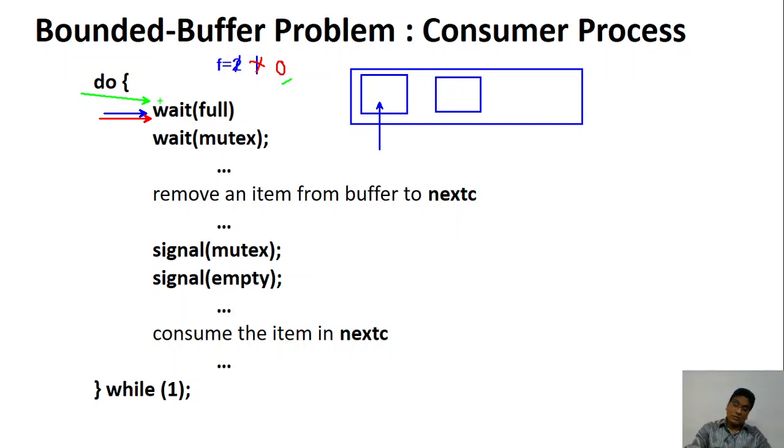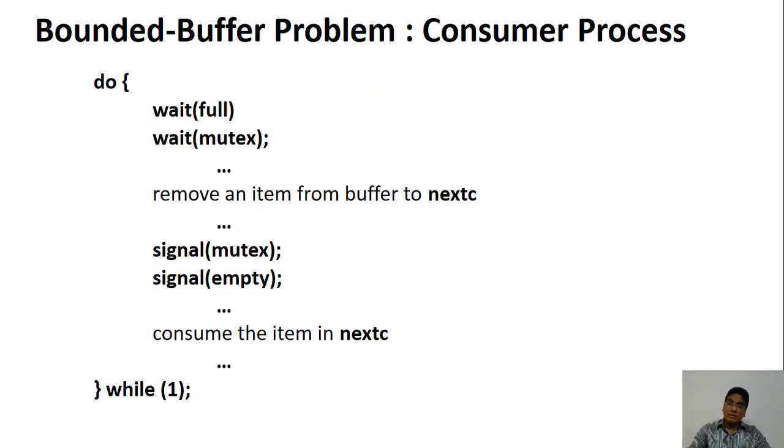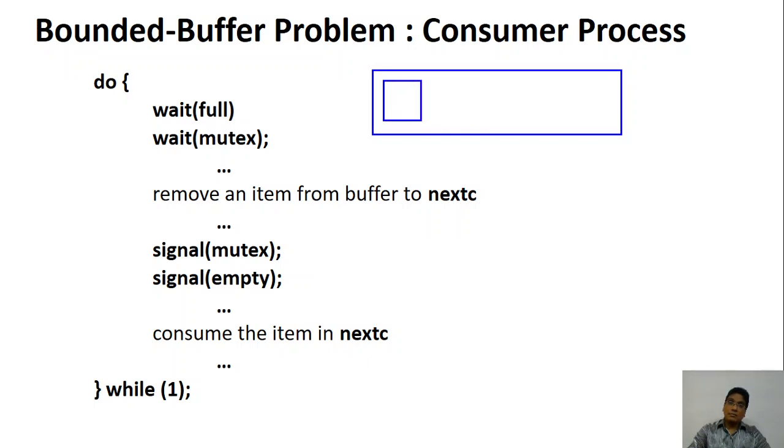Okay, so now let's again come back to the same old story of the consumer. There is a buffer and there are two items that are produced, and what will be the value of full? In this case, the full will be 2. The first one will come here and reduce the value, sorry, not to 0, but to 1.